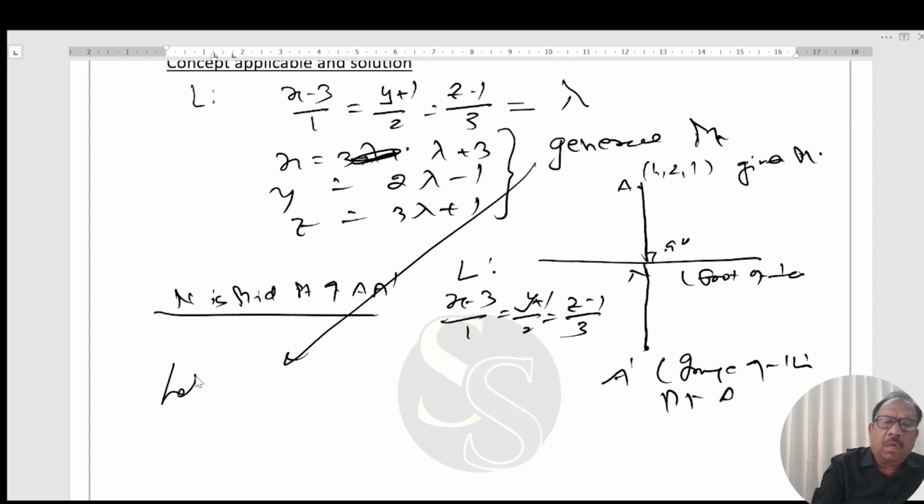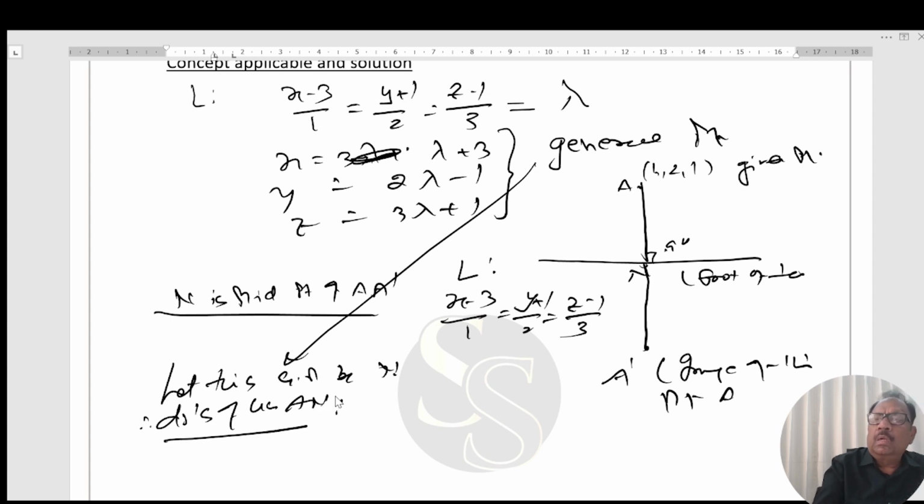Let this general point be N. Therefore, what will be the direction ratios of line AN? You know A1, B1, C1 equals x2 minus x1, y2 minus y1, z2 minus z1.